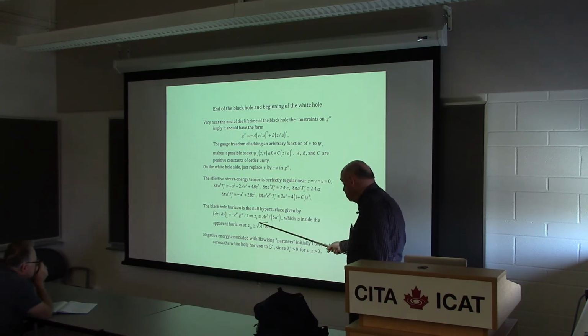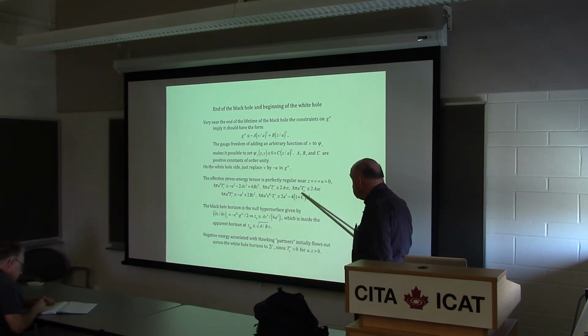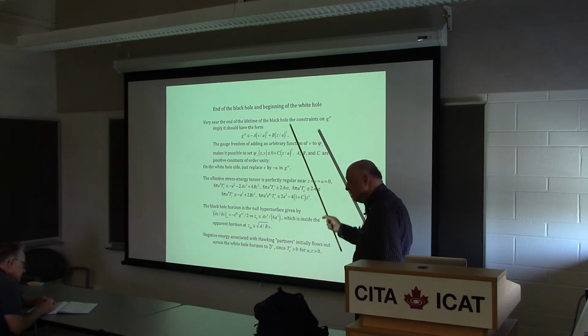And then there's an apparent horizon, which goes as this square root times the advanced time, again, which is negative on the black hole side. But because T_UZ is positive, we already said that means there's a flow of negative energy across the white hole horizon.